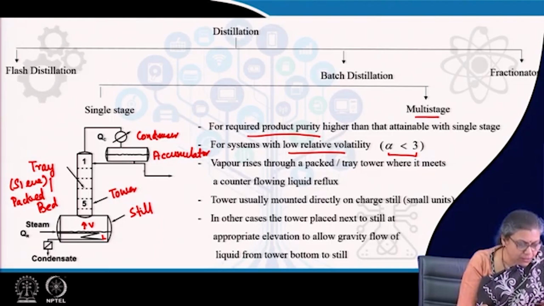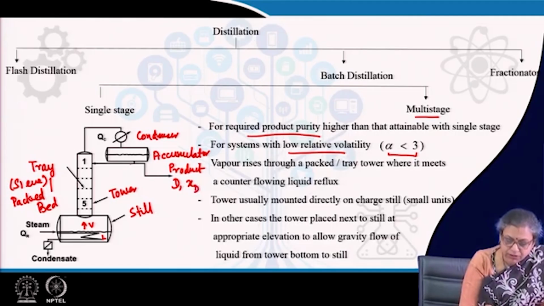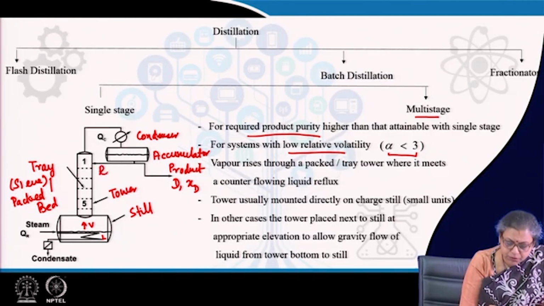Some amount of this product we take out, say the flow rate, or rather the yield, is D and the composition is XD. Some portion of this product we recirculate back into the column. This portion is known as the reflux.